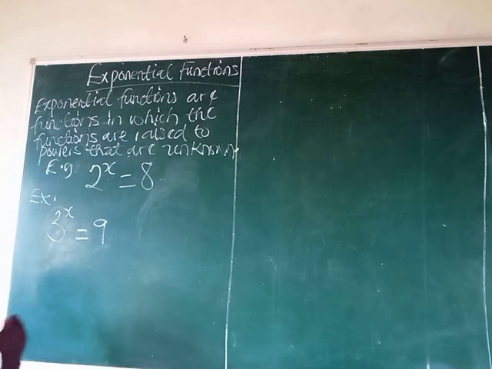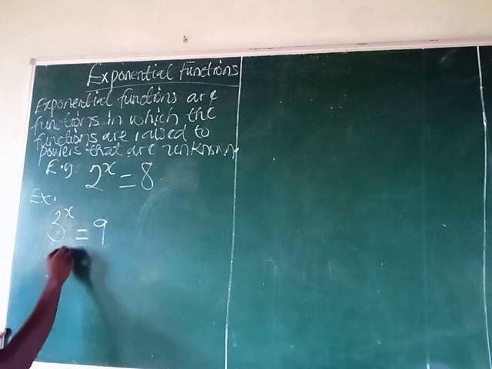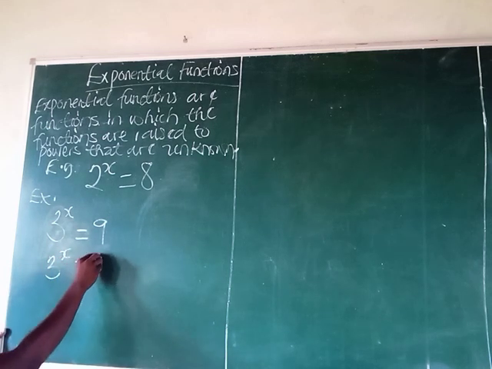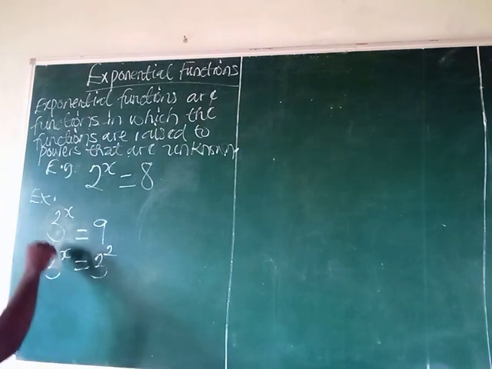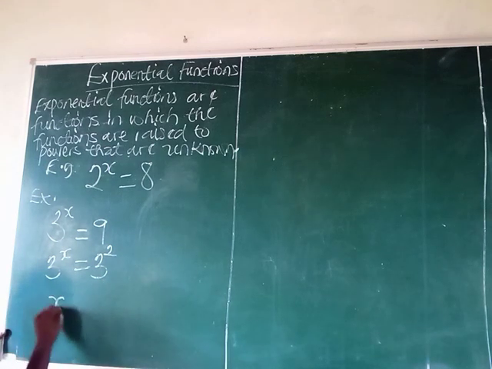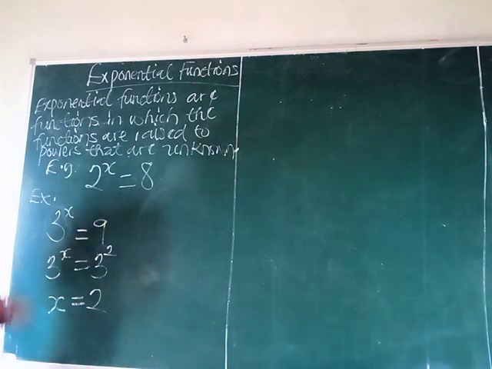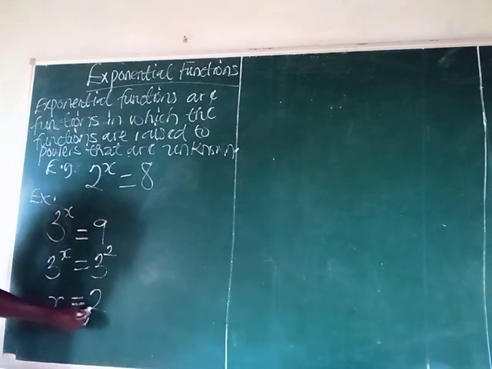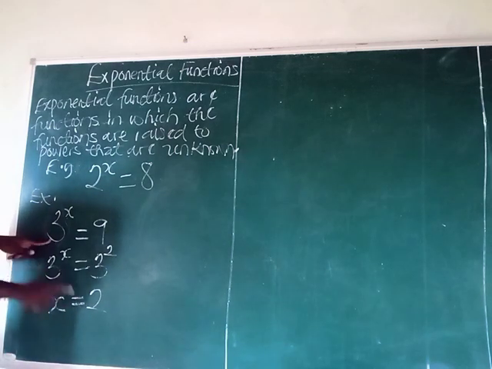So that means we can say 3 raised to the power of x is equal to 3 raised to the power of 2. Now we can balance the bases or cancel them out by saying that x is equal to 2. To check if the unknown value, which is 2, is right, you substitute 2 into the function: 3 raised to the power of 2.